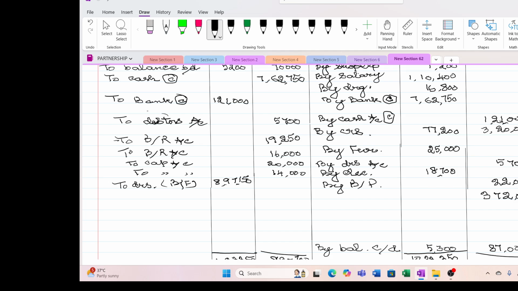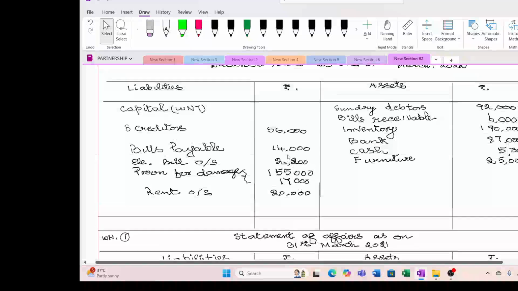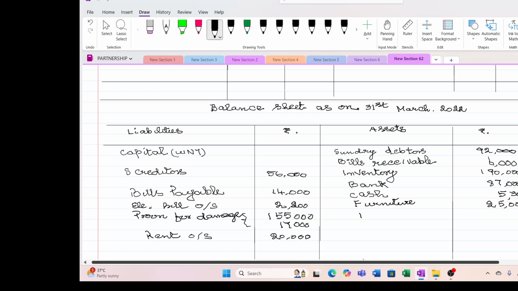Building they have given 3,50,000, but here the expenses were around 22,000. So this comes as 3,72,000. Now we have to take this building into our balance sheet.